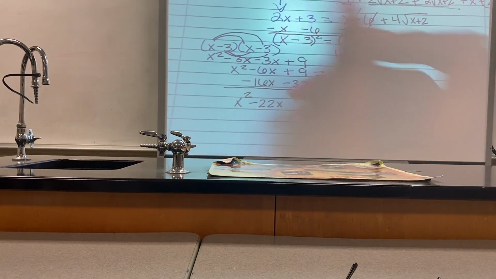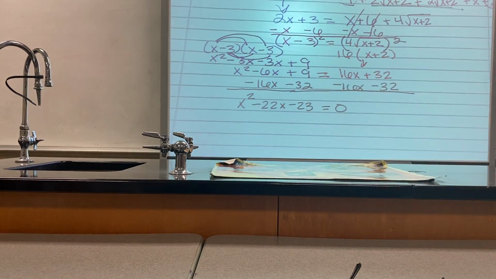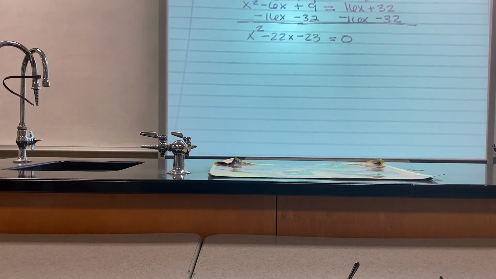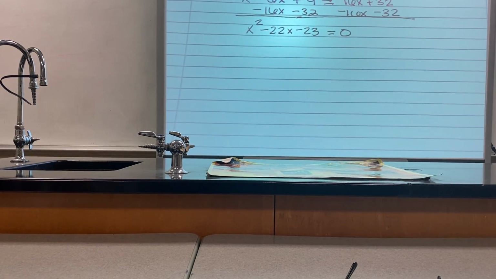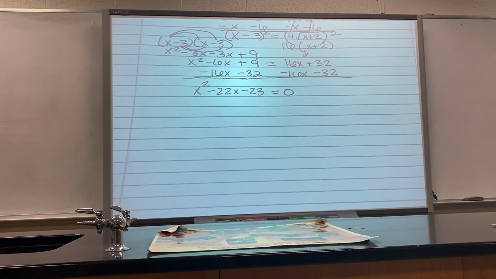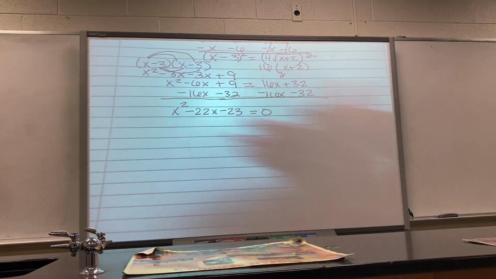So I have x squared minus 22x minus 23 is equal to 0. So now it's time for the magic x.